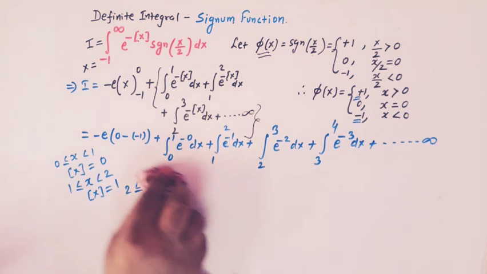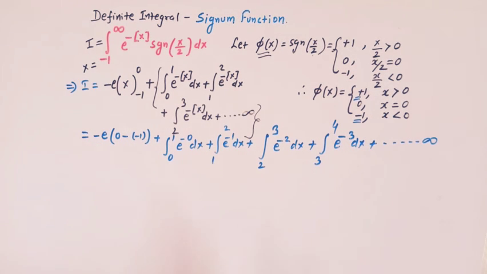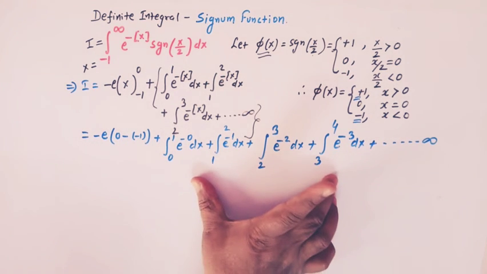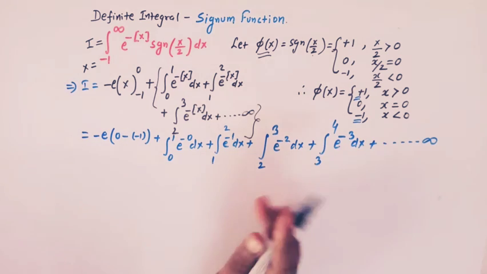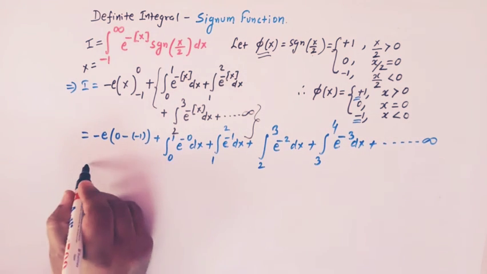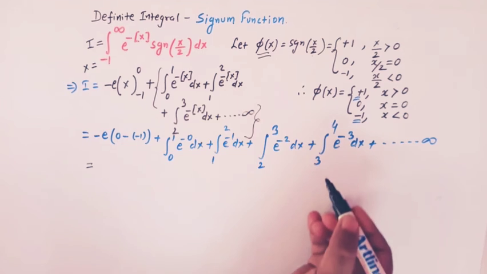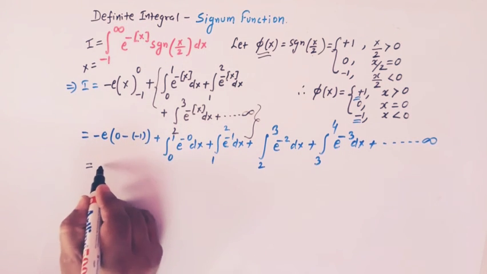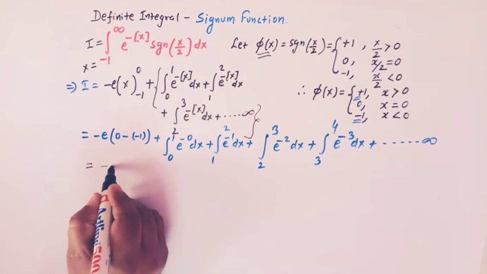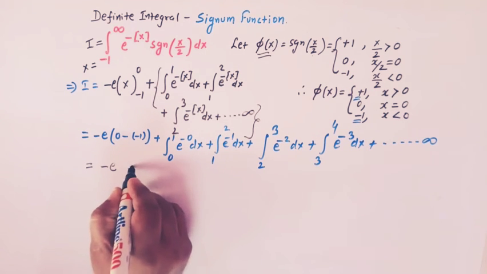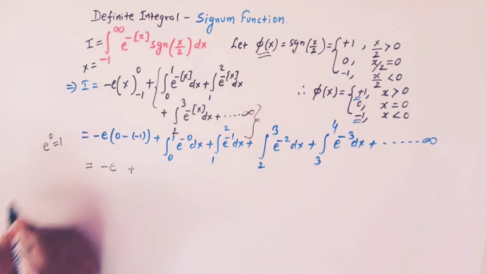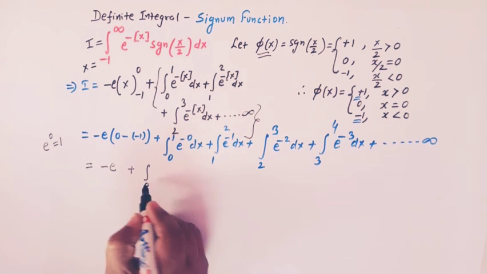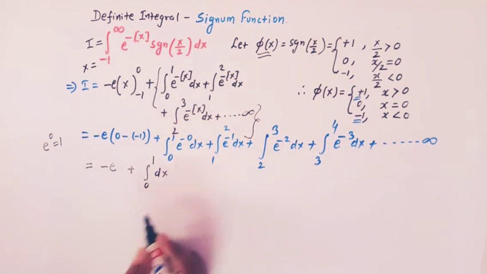Okay, so now we have to evaluate these integrals, and here we'll obtain a geometric progression, and let us see how we will get a geometric progression. So this term is now minus minus plus, so we have minus e, and here we have e raised to minus 0, which is e raised to 0, which is 1, so we have 0 to 1 dx, right?